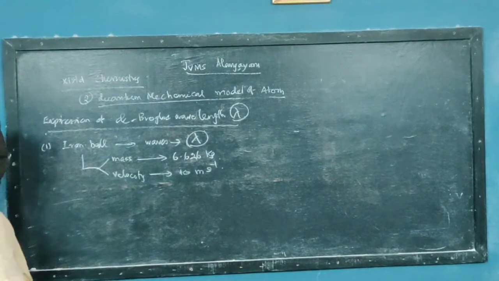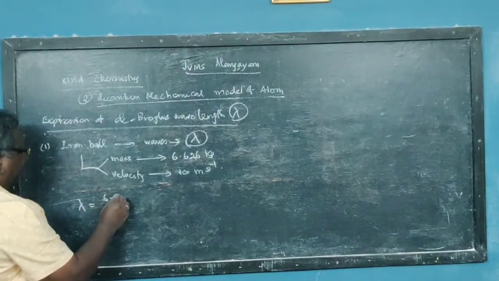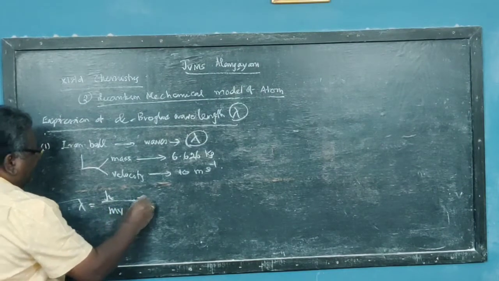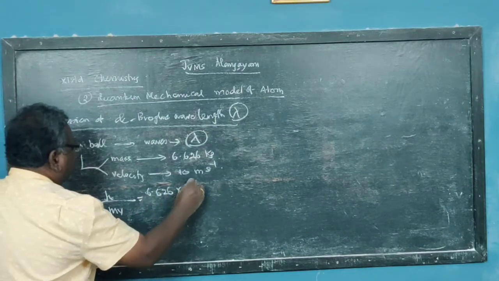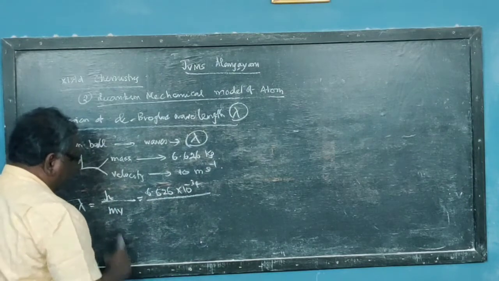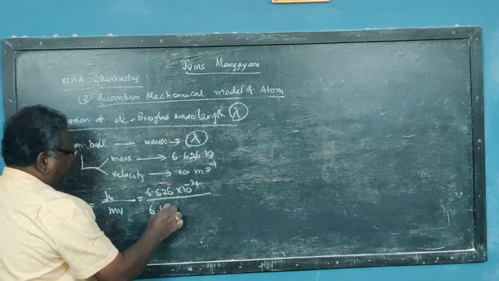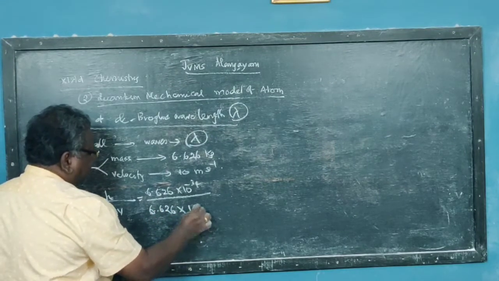Now how to calculate lambda? Lambda is equal to h divided by mv. h is 6.626 into 10 power minus 34 kilogram meter square per second, and mass is 6.626, divided by 10.